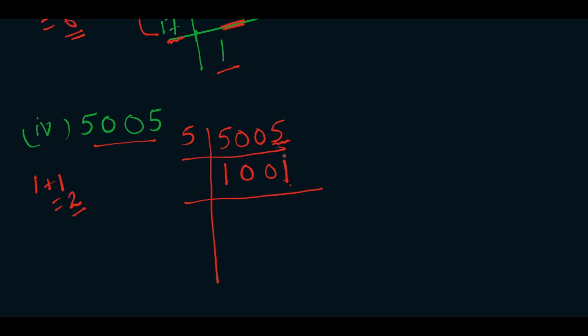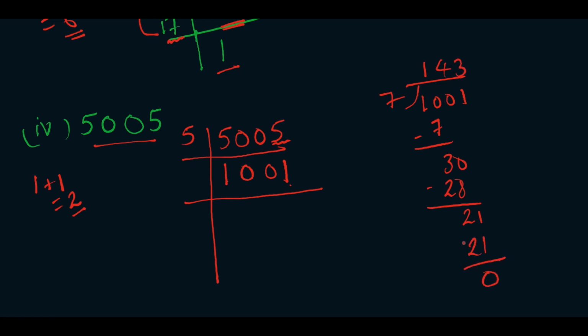Now let us take 7. 7 ones are 7, 7 fours are 28, 7 threes are 21. So we get a 0 here, hence it is divisible by 7. So we write 7 here, we get 143.